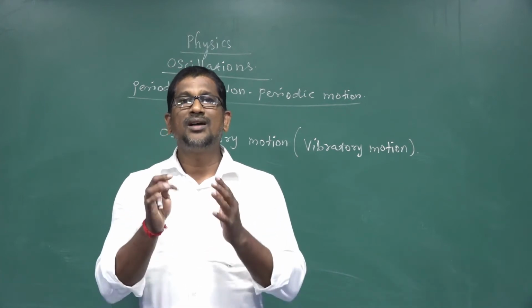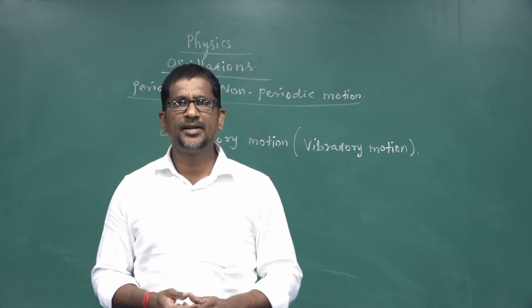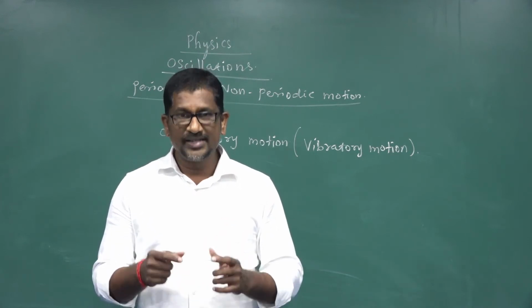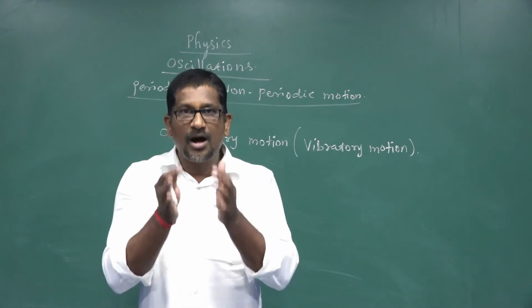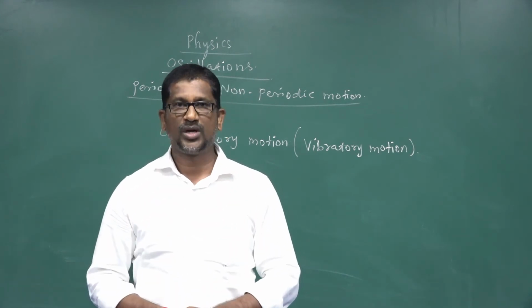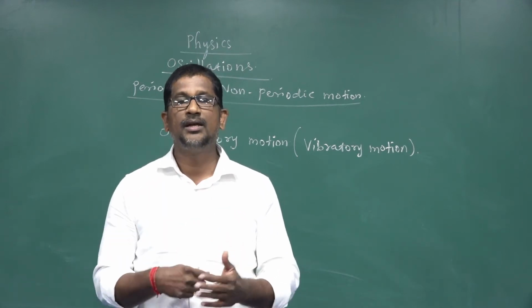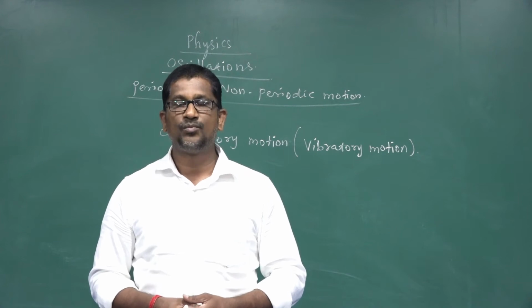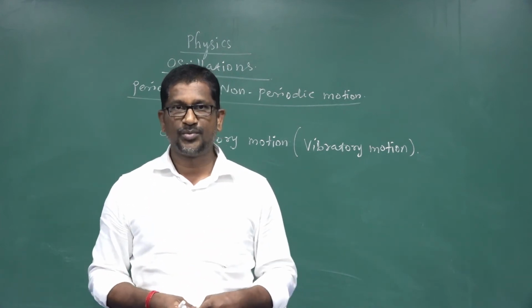Right. The oscillatory motions are periodic motion. Why? Because in this motion, the particle moves repeatedly after a regular interval of time. So that is why oscillatory motion is one of the periodic motions.